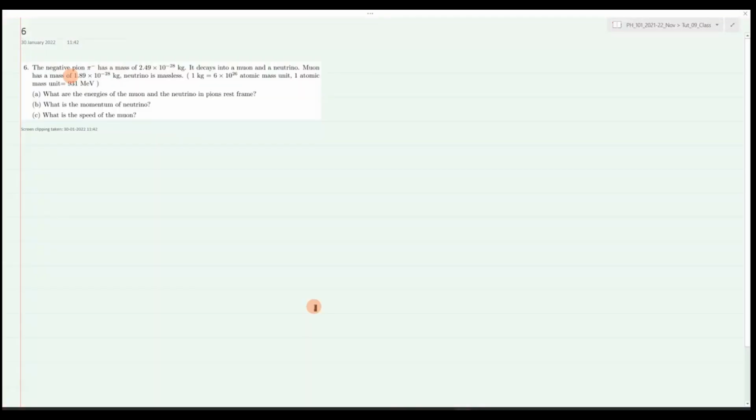Next, the final problem. The negative pion has mass this much. So the pion's mass is given to us. Suppose this mass is m phi. Then it decays into a mu1 and a neutrino.